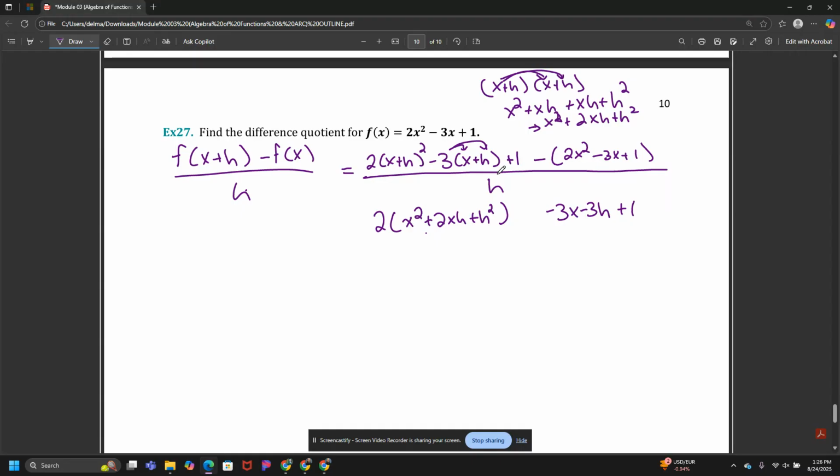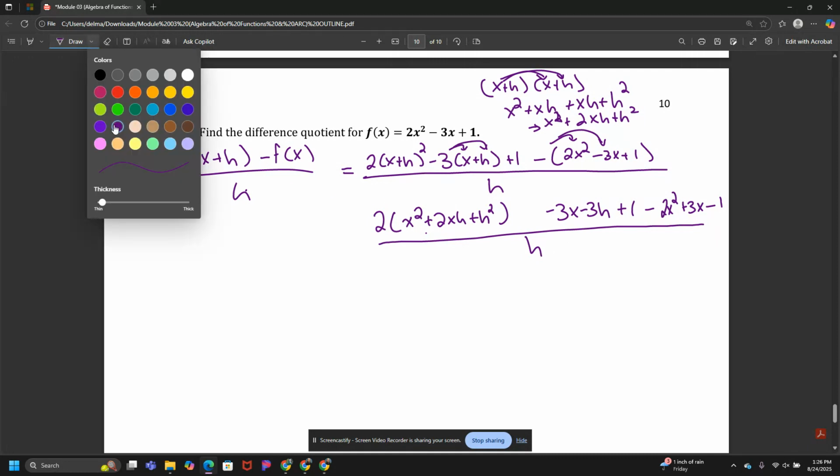I was going to leave that part off. That would have been an oopsie daisy. So now let's distribute that negative. So that's going to be negative 2x squared plus 3x minus 1. And we should see that this works out nicely for simplification purposes.